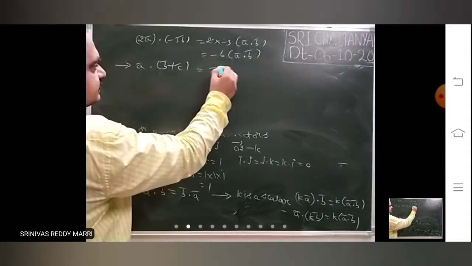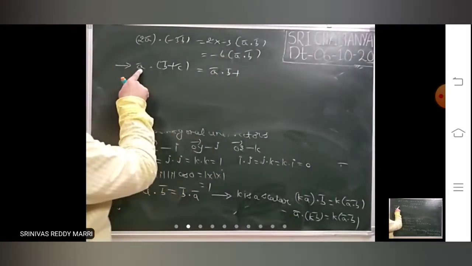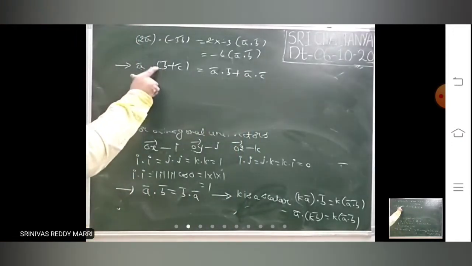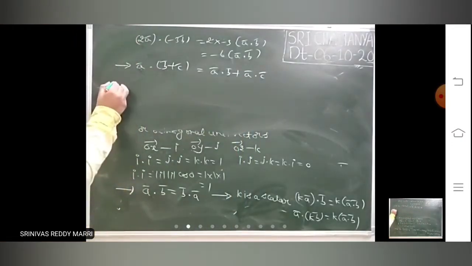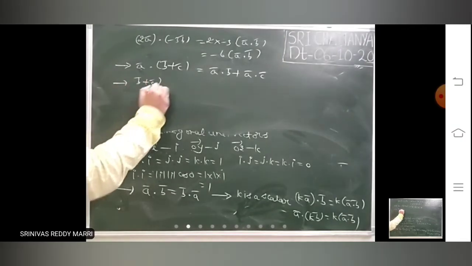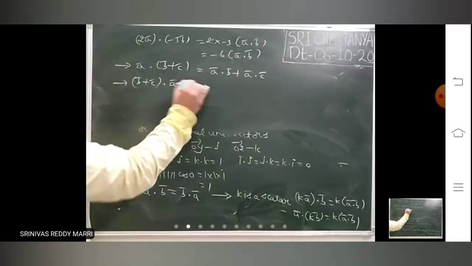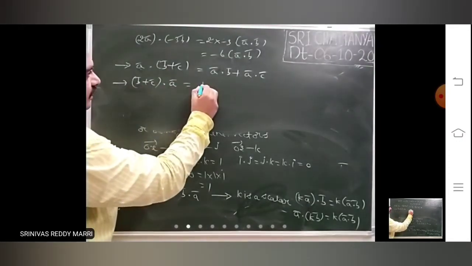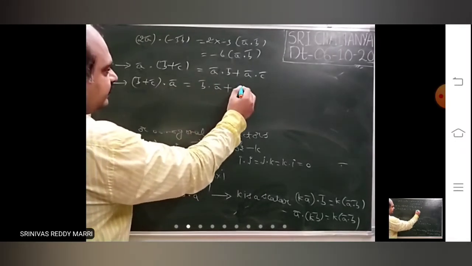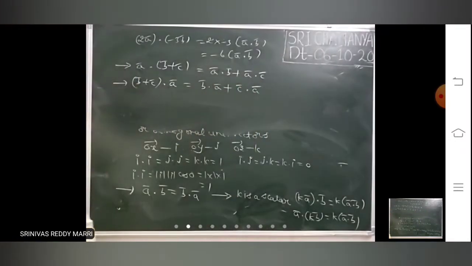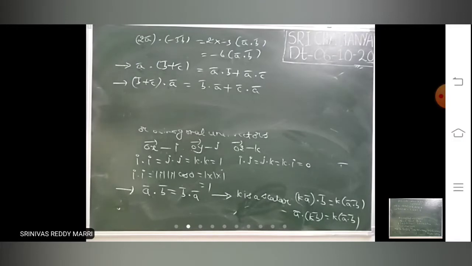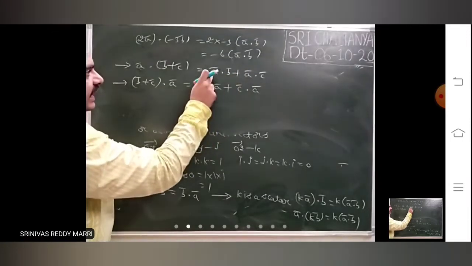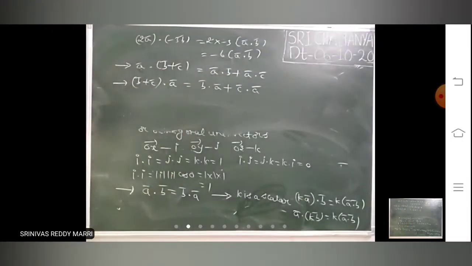You can write this as A bar dot B bar plus A bar dot C bar. Suppose it is B bar plus C bar dot A bar, then distribute: B dot A plus C dot A. You can do it both ways. Suppose the expression is A dot B plus A dot C, you can take A common: A bar dot, in the bracket, B bar plus C bar.